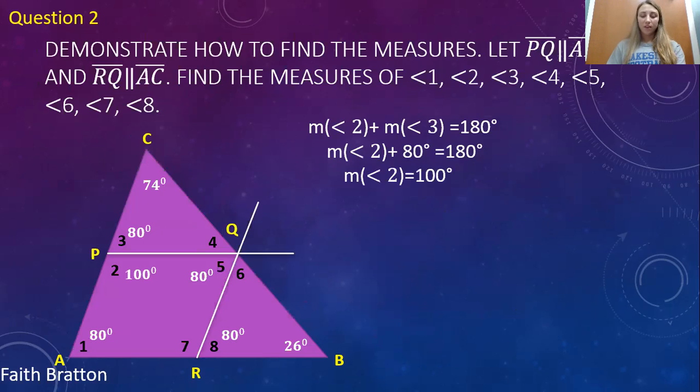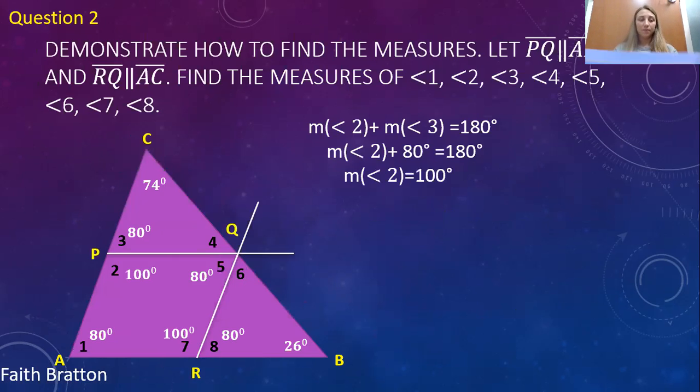Angle 7 and angle 2 are both supplementary to angle 5, so the measure of angle 7 is the same as the measure of angle 2, or 100. The only angles whose measures are not yet known are angles 4 and 6, as we can see right here and right here.